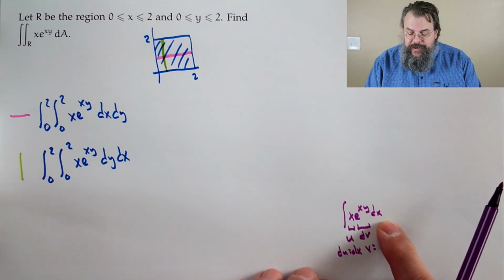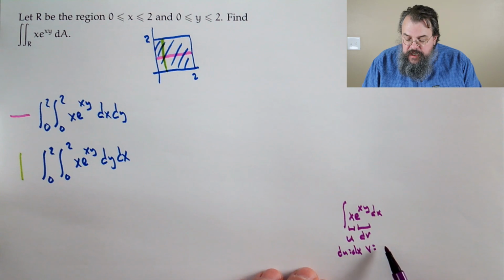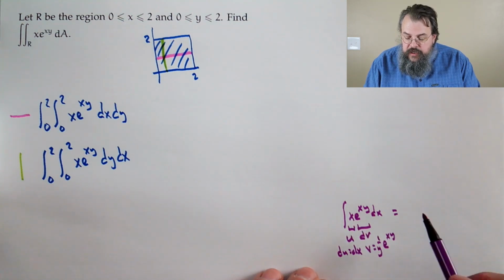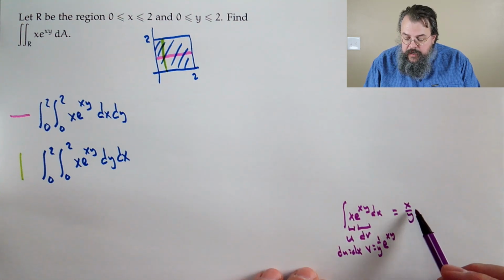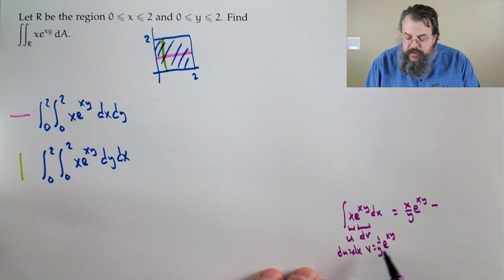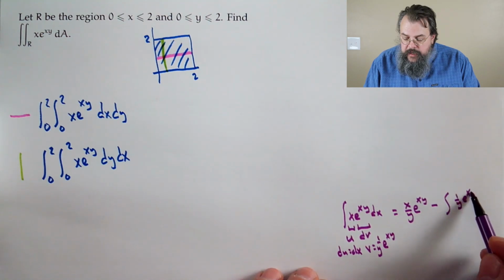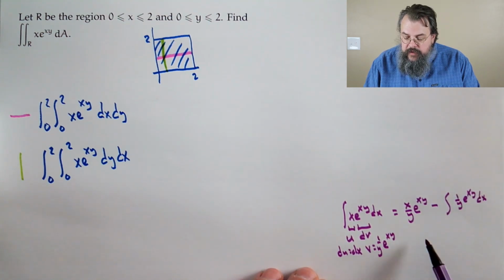It tells you what you're integrating with respect to. It would be e to the xy, but then you have to divide to compensate for the y upstairs, so there's a 1 over y. So you end up with uv, x over y e to the xy, minus the integral of v du, minus the integral of 1 over y e to the xy dx.